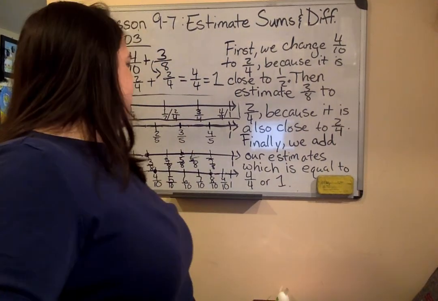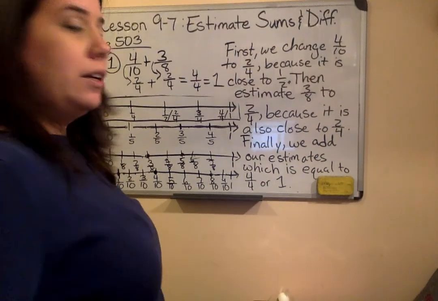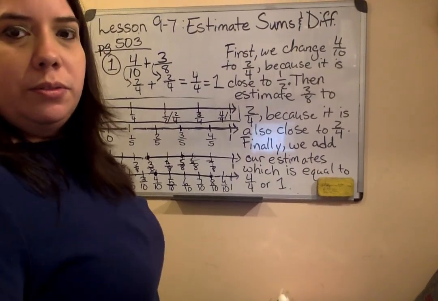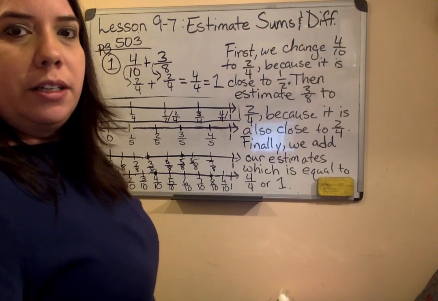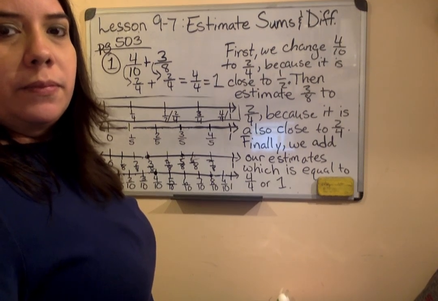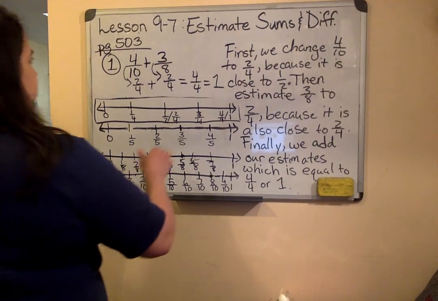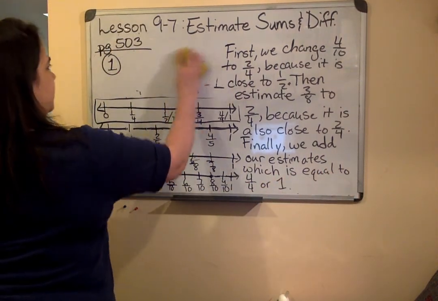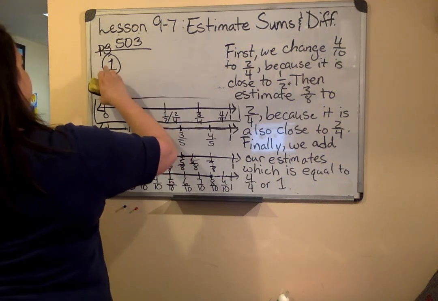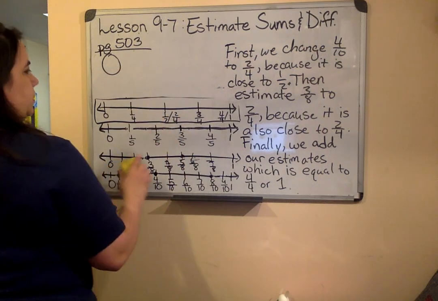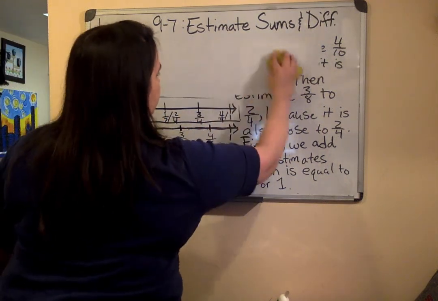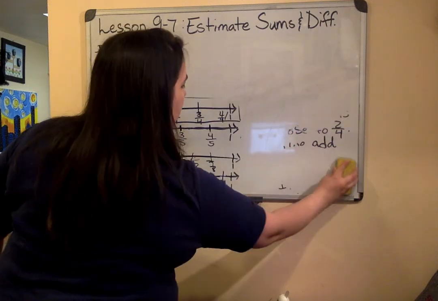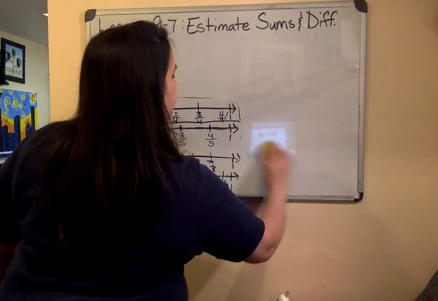So, again, I don't have to redraw my lines. Thank goodness for that. So, okay. Let's go ahead and do that. First, I'm going to erase this. Okay, you should have copied this. I'm going to pause the video to do that.